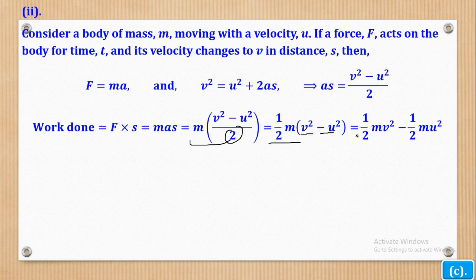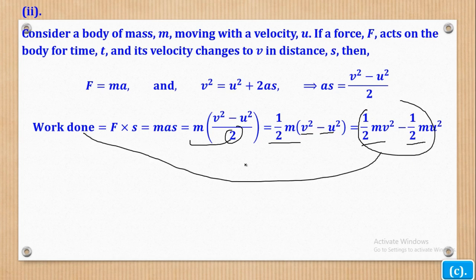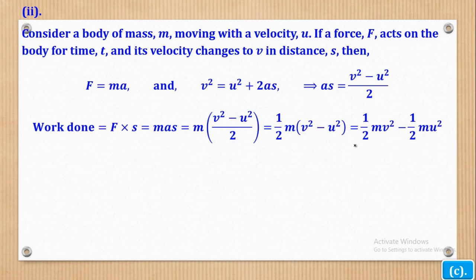Then when I open the brackets, I'll come up with a half M V squared minus a half M U squared, which is change in kinetic energy. So I've derived that work done is equal to change in kinetic energy, and that's what they wanted.